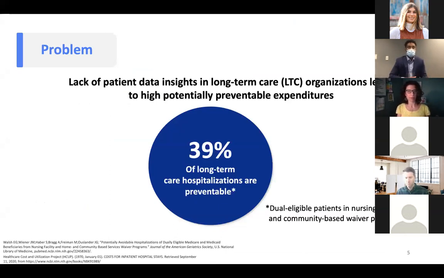In the Journal of American Geriatric Society, it has been cited that 39% of hospitalizations are potentially preventable for older adults, dual eligible for Medicare and Medicaid in forms of long-term care. We believe that this is in part due to a lack of resources for meaningful, effective data usage for long-term care providers.